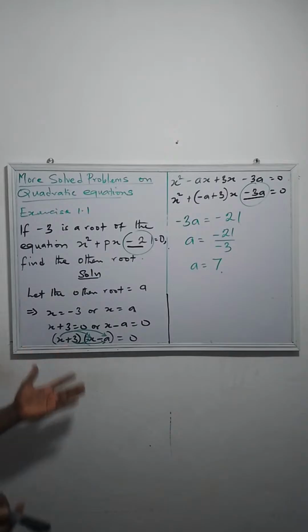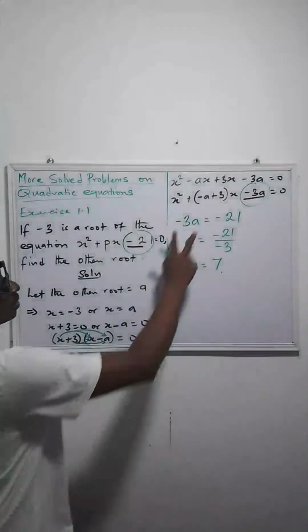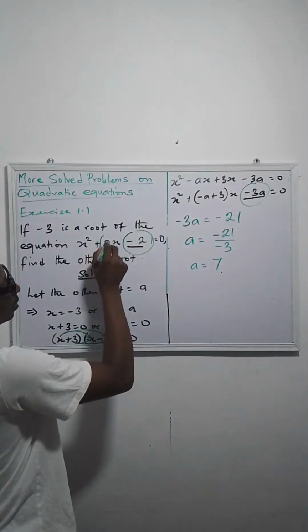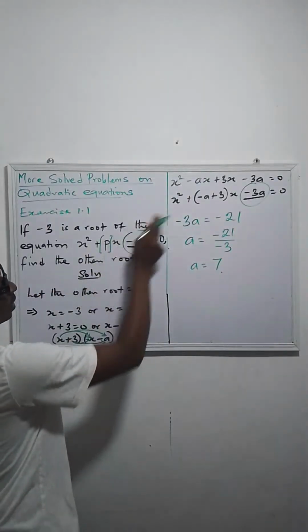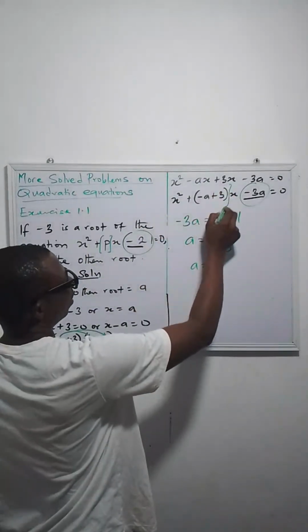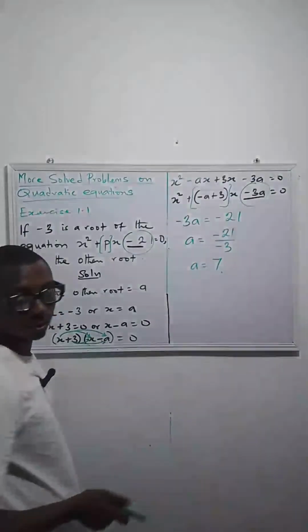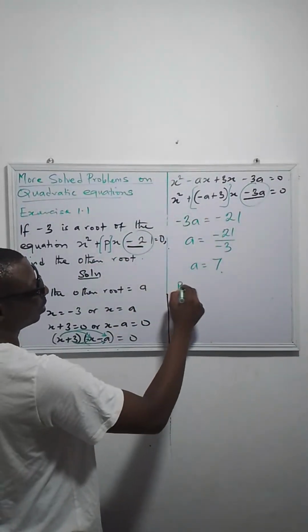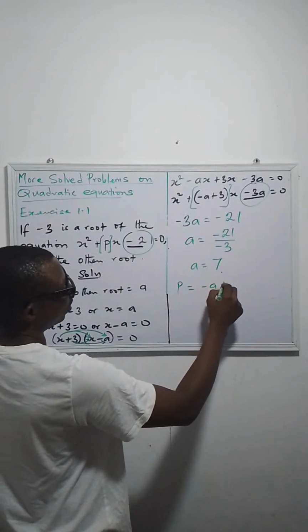Okay. Suppose the question now is asking for P. Now P is this. You can see where we have P here. This is plus, and we can see plus here. So what we have here now is the same thing as P. So you equate it. We have P equals negative a plus 3.